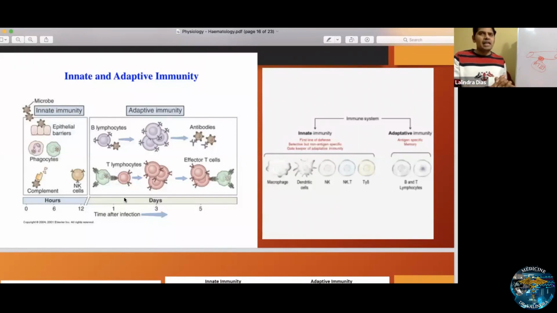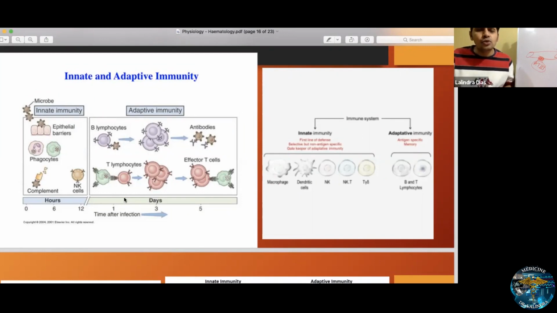Now the other one is adaptive immunity. Which cells are involved? The T lymphocytes and B lymphocytes. B lymphocytes have a huge role in antibody production, because B cells are the ones which produce antibodies to attack foreign bacteria or viruses.